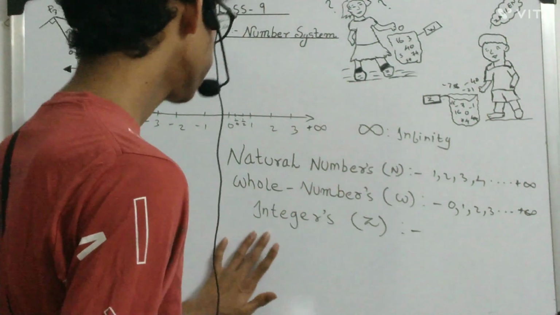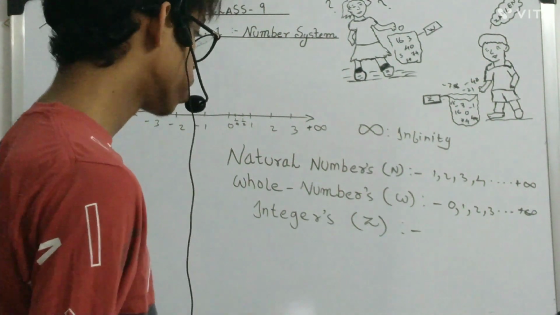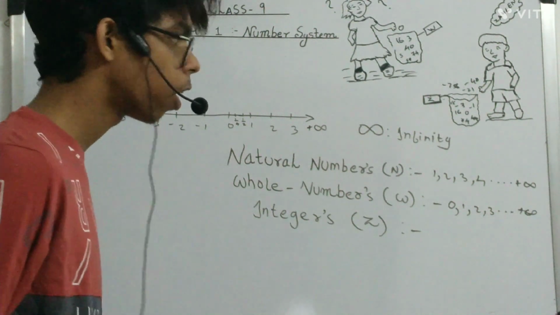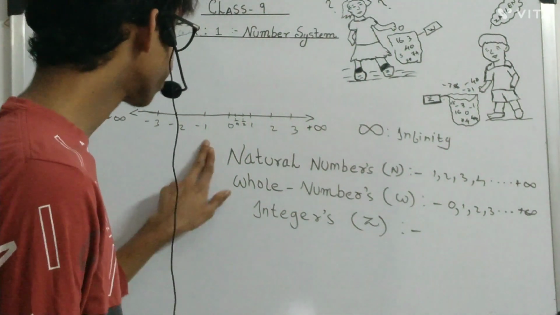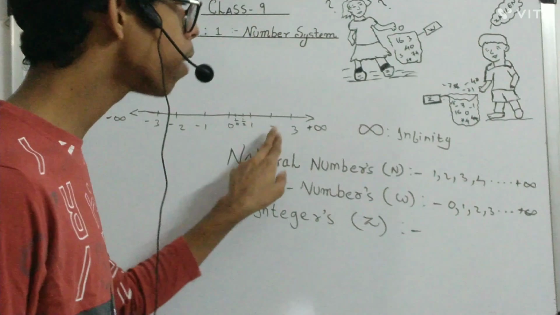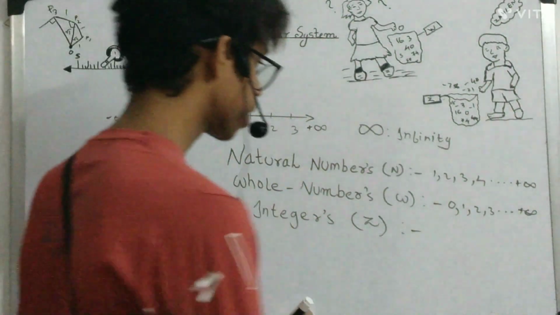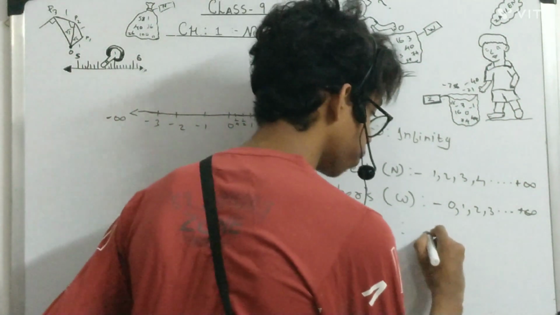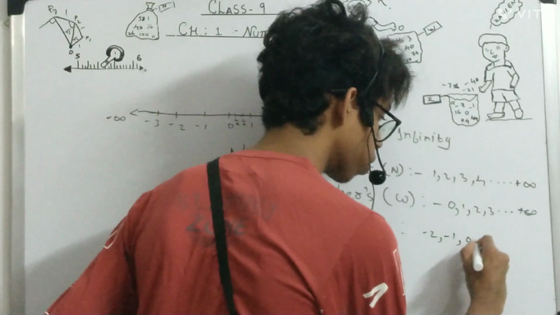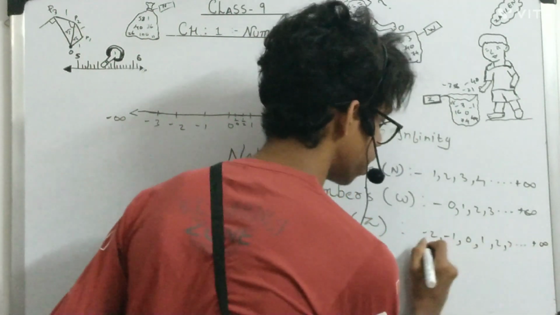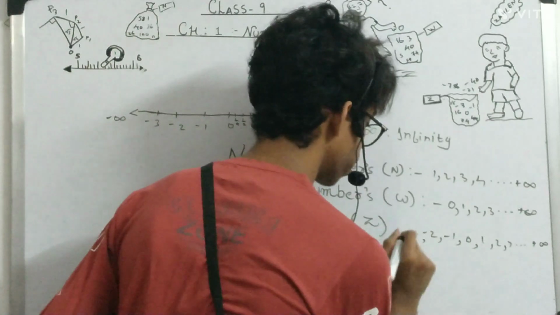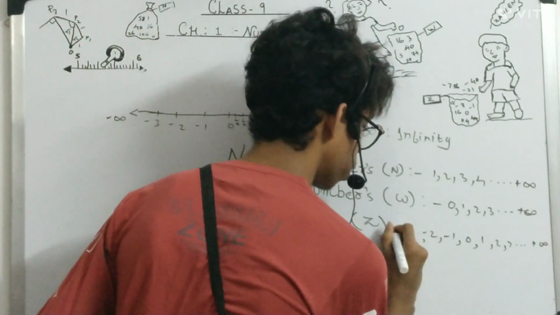Now the next classification is integers. Integers include the negative numbers, 0 and the positive numbers. For example, -2, -1, 0, 1, 2, 3, etc. till positive infinity, and also up till negative infinity.